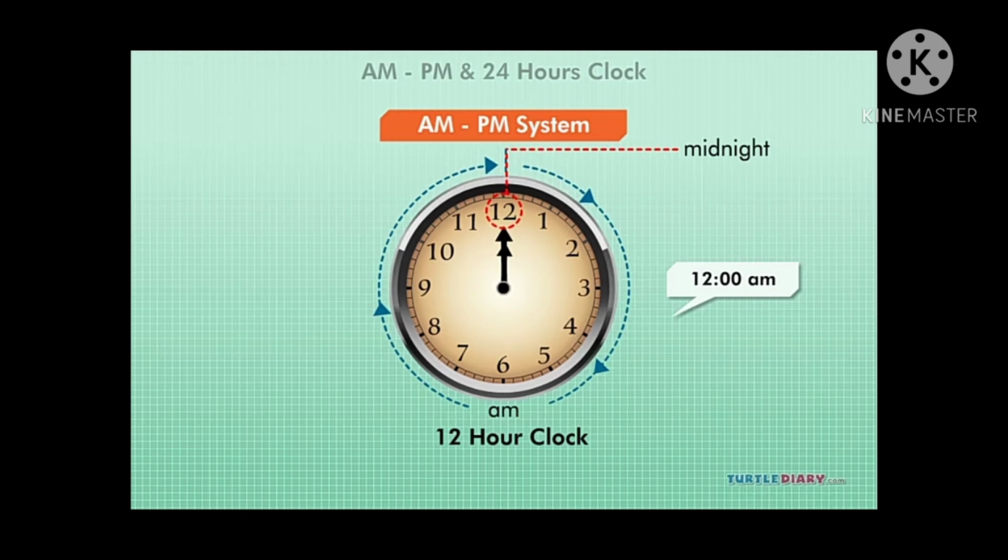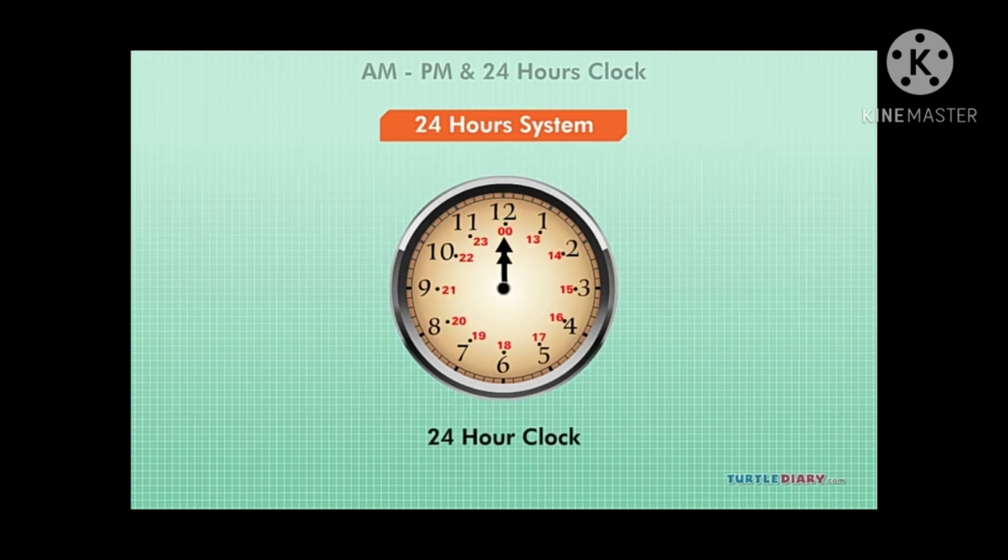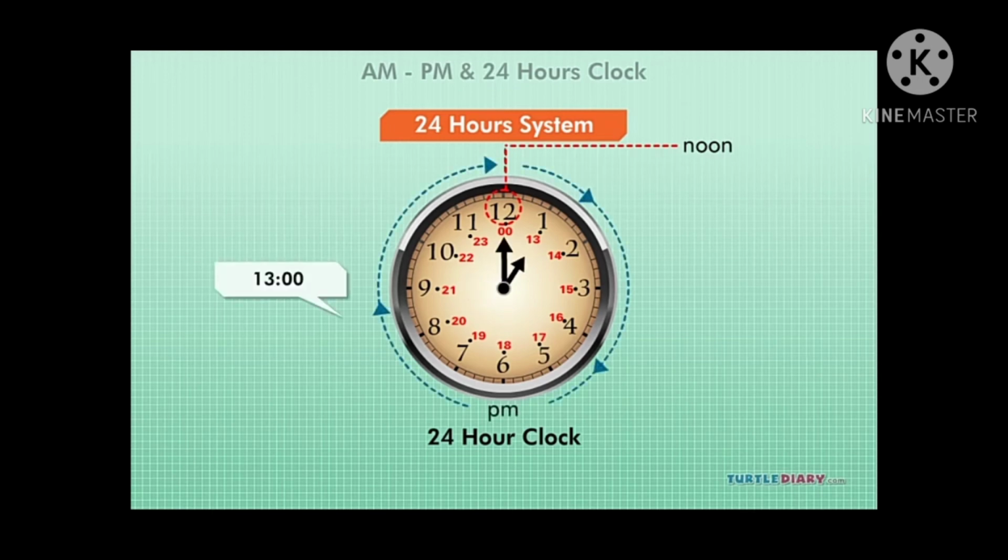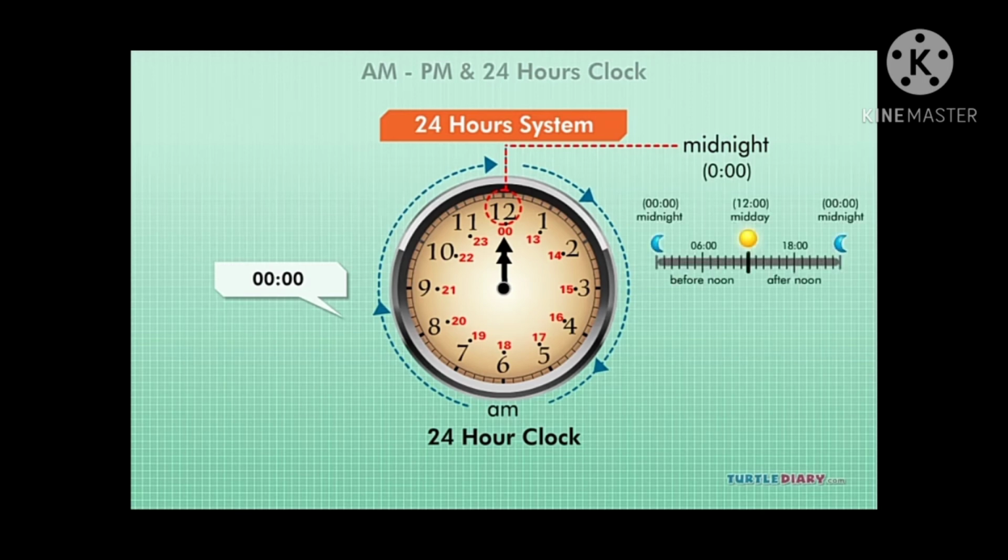In contrast, a 24-hour clock does not start over after 12 o'clock noon. The next hour, which we normally think of as 1 o'clock p.m., is 1300, then 1400, etc. Time goes all the way up until 2400 midnight, which can also be called 0000 because it is the start of the next day.